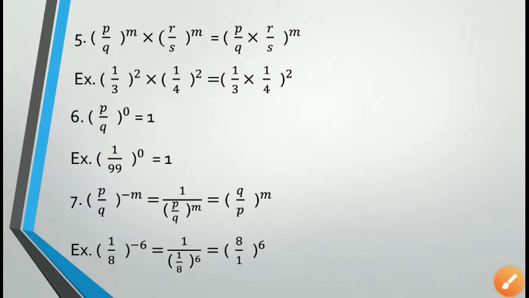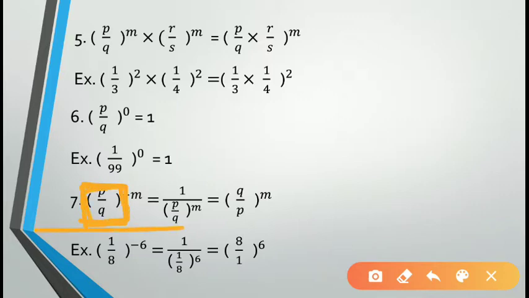Remember this. Next and last law of exponents is (p/q) to the power minus m. Here the power is negative. So this rational number is the numerator and the whole denominator is 1 here.